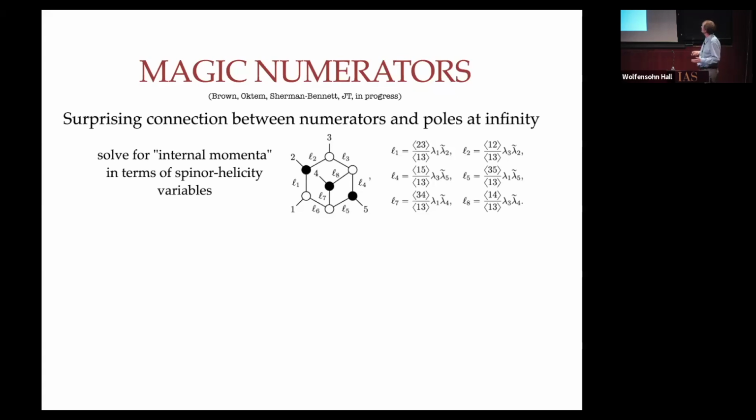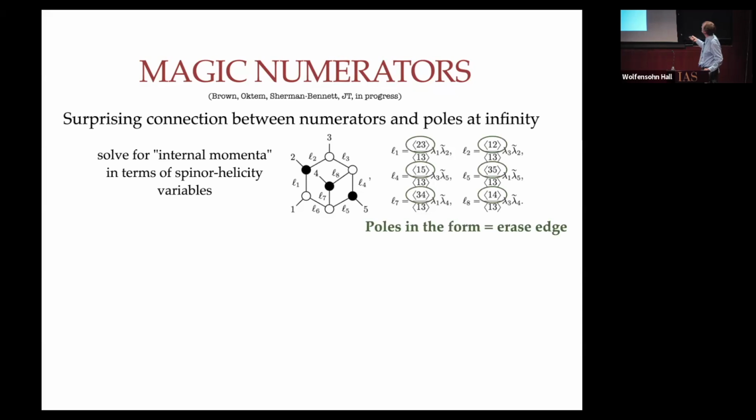They will be just functions of lambda, lambda tilde. They are solved from on-shell conditions on these momenta and momentum conservation. If we solve for them, you get expressions like that, so that the momentum L1 is lambda 1, lambda 2 tilde, and there is a minor 2, 3 in the numerator and 1, 3 in the denominator, and so on.